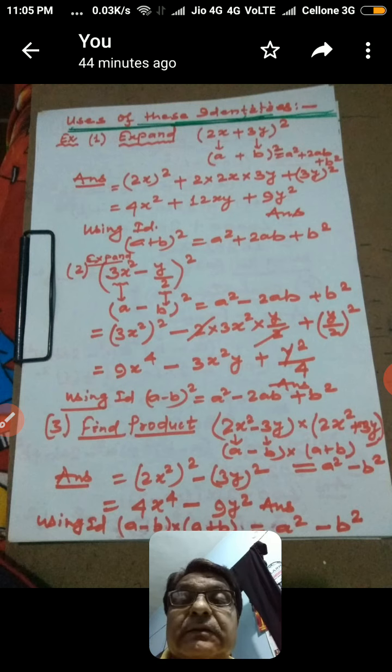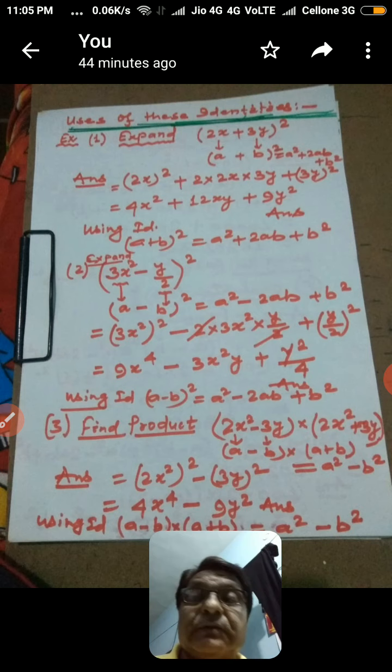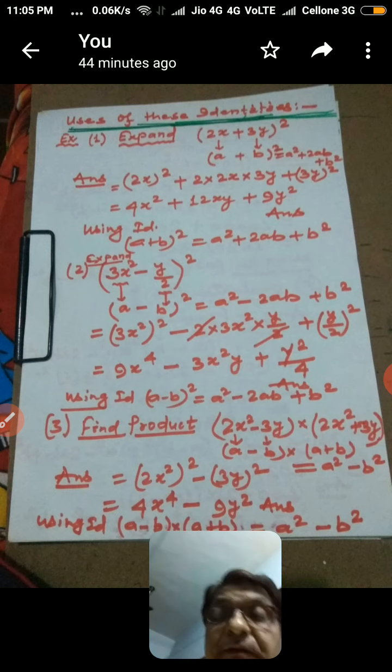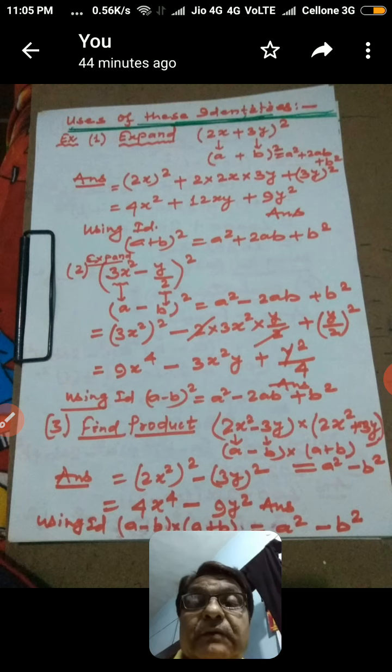You know, unlike terms we can't add. So this is the final answer of the expansion. Now you should write what identity you have used. Below the answer we write: using identity (a + b) whole square equal to a square plus 2ab plus b square.